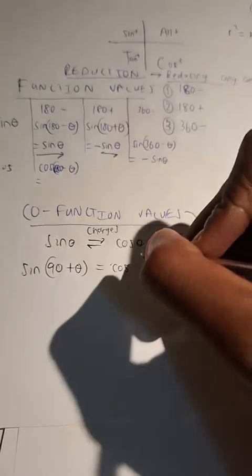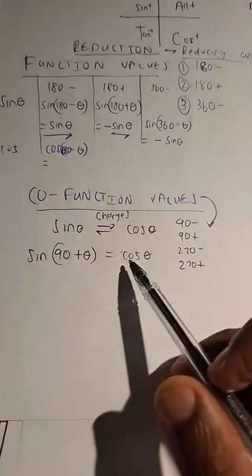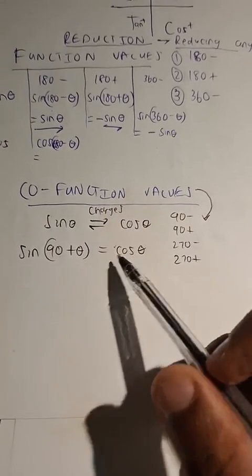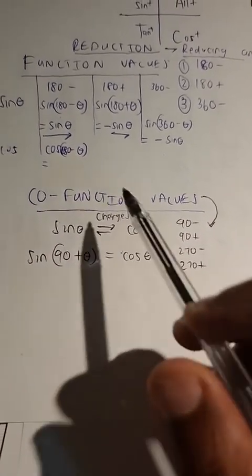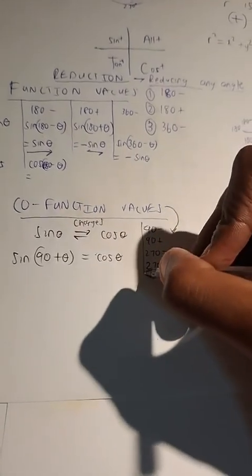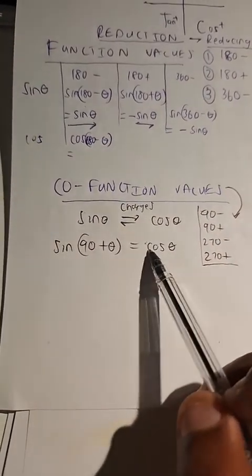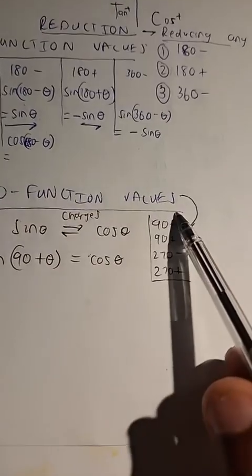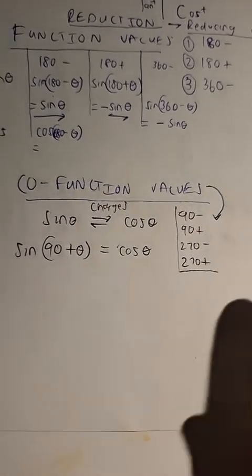Then 90 plus falls away, and the acute angle is the angle that we reduce to. So sine here has changed to cos. Why? Because we are dealing with cofunction values. And this is the only time sine changes to cos or cos changes to sine: if we have these 90 minus, 90 plus, 270 minus, or 270 plus.